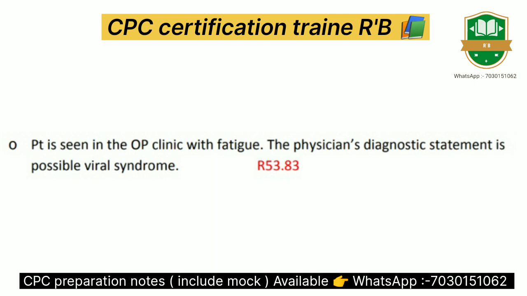Then next, the patient is seen in the OP clinic with vertigo. The physician's diagnostic statement is possible viral syndrome. Okay, in this scenario the diagnostic statement is possible viral syndrome. It means uncertain, so you go directly to the vertigo code, because no disease was diagnosed.